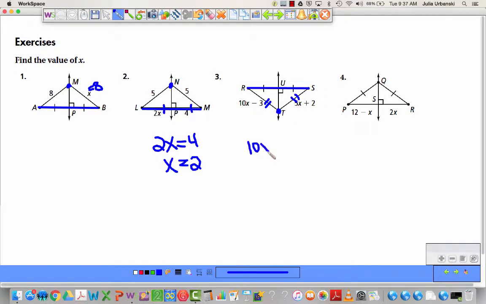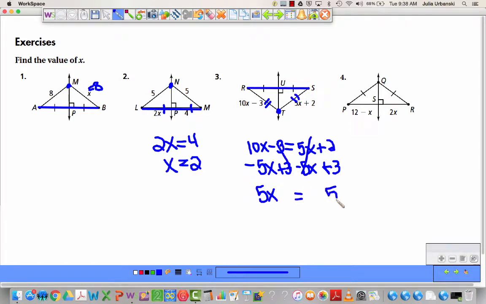So 10x minus 3 has to equal 5x plus 2. And then you can solve it for x. Minus 5x, minus 5x, you get 5x, and then do plus 3 and plus 3. You get equals 5, so x equals 1.